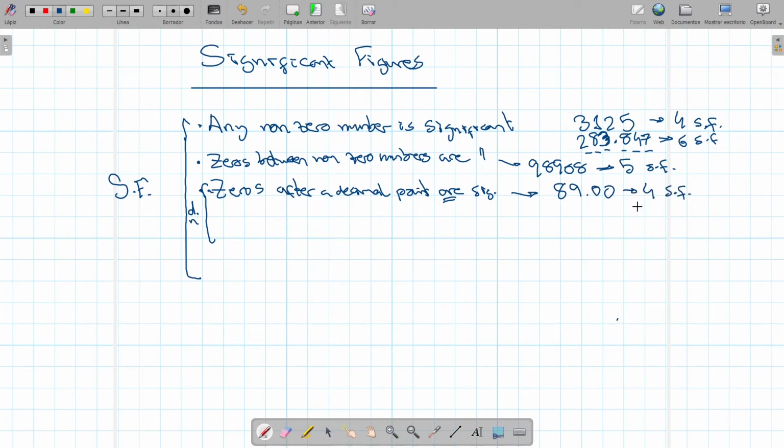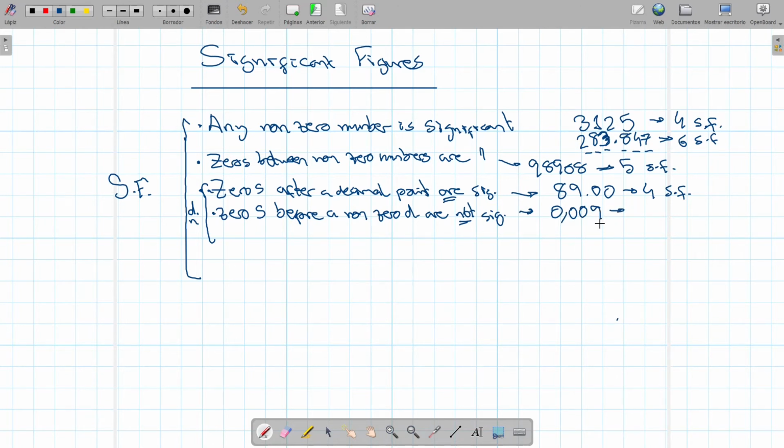In decimal numbers, zeros before a non-zero digit are not significant, because they don't really express the precision of my instrument.